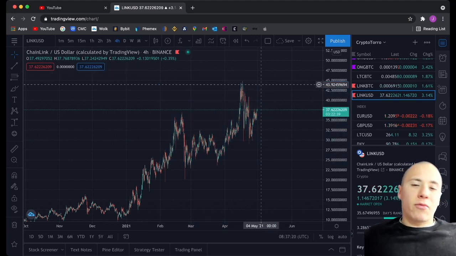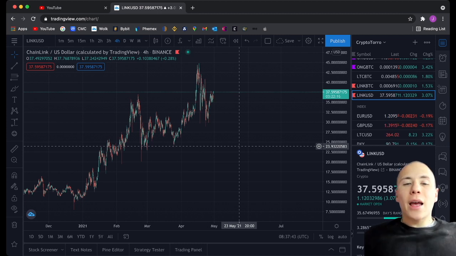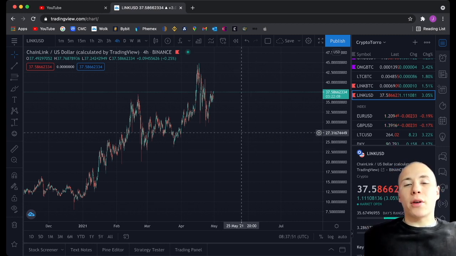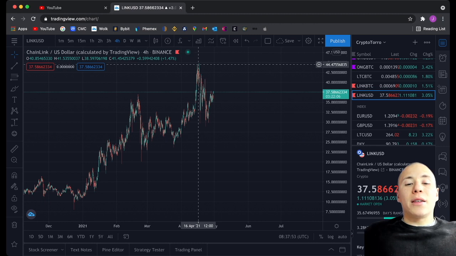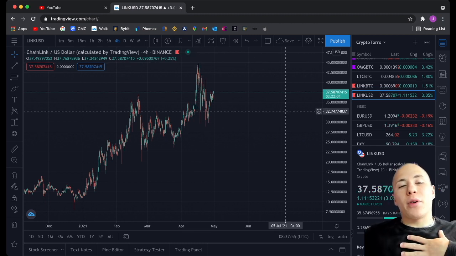I think that's very huge, because even if you started your spot trading position on Chainlink in January, you almost doubled your money at this point if you cashed out on the 16th of April. And I think personally that would be amazing if you did so.